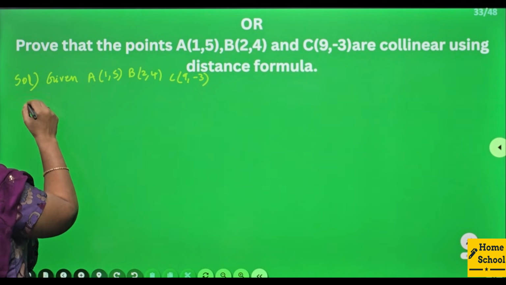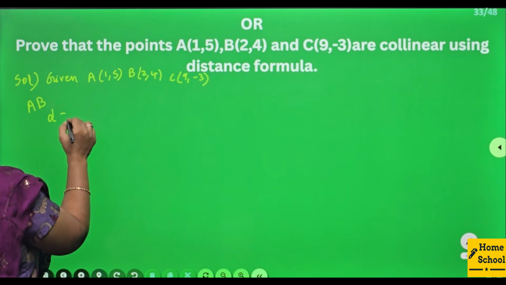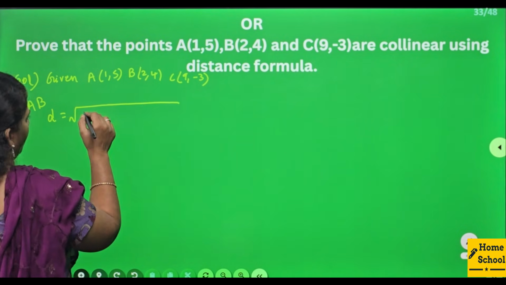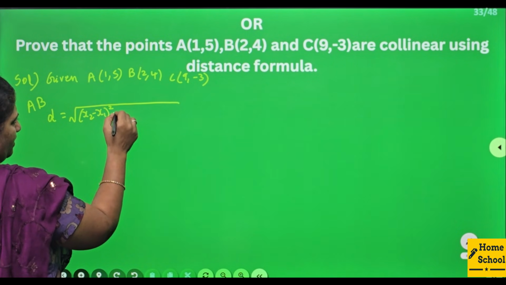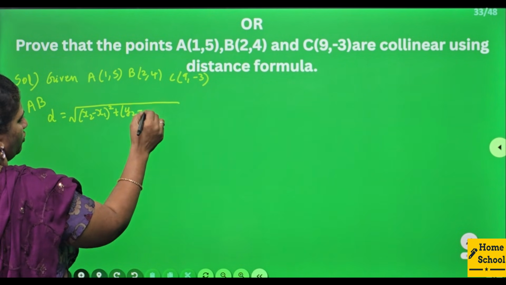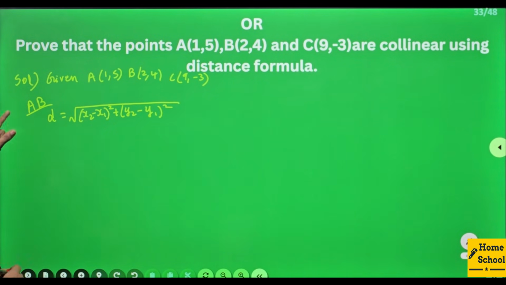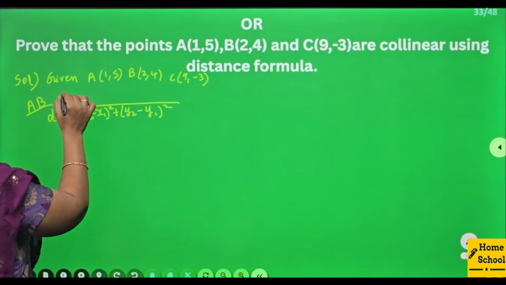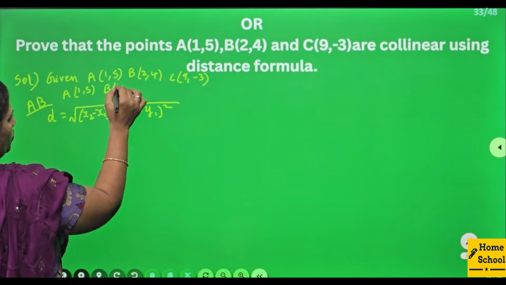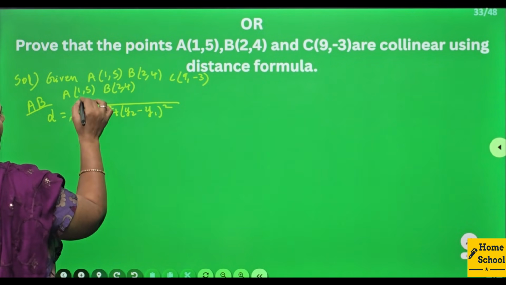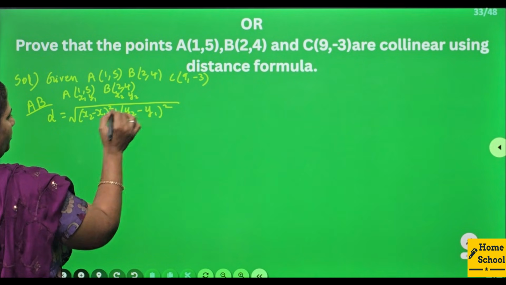Let us find the distance between A and B. Formula: D is equal to square root of (x2 minus x1) whole square plus (y2 minus y1) whole square. If you need to find the distance of AB, take only the AB coordinates A(1, 5), B(2, 4): x1, y1, x2, y2.